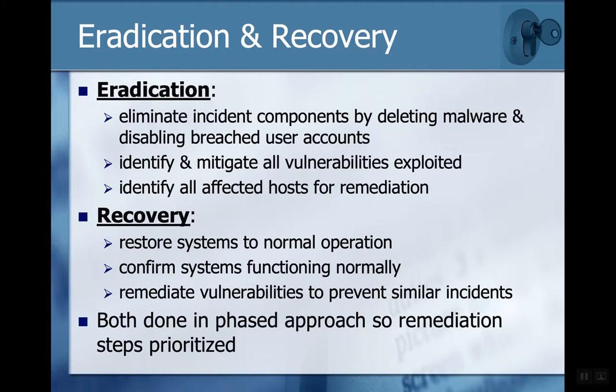A lot of this has to be done in a phased fashion and in a sequence. So there's a process around this stuff. You just don't run around and start replacing or upgrading machines. There should be a plan in place to repair the damage that was done, identify the scope of all the affected systems, and put together a plan for fixing it.